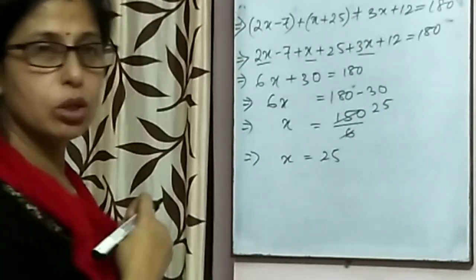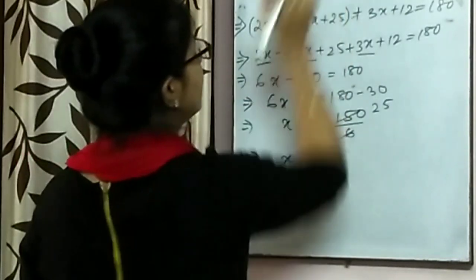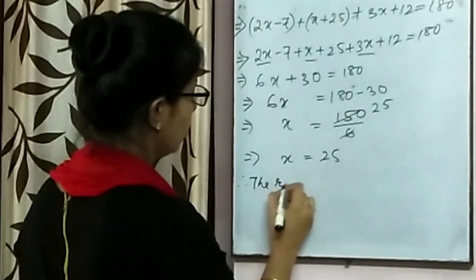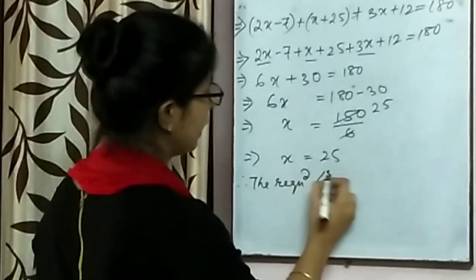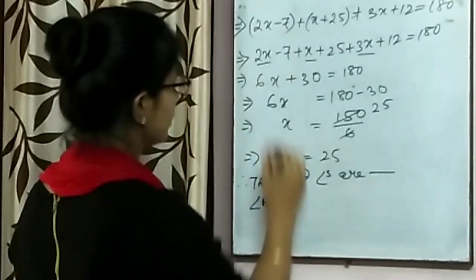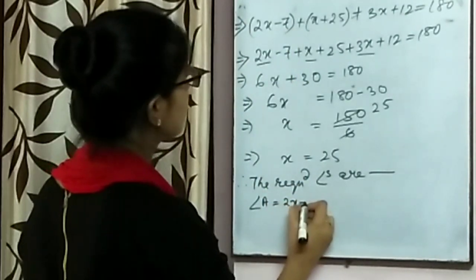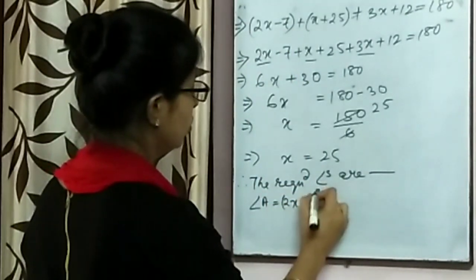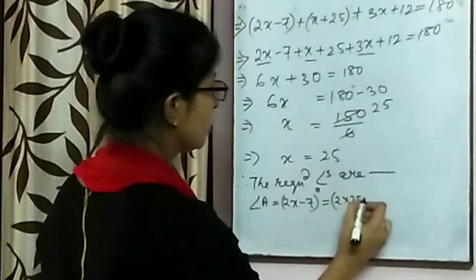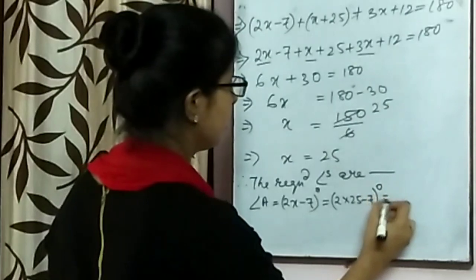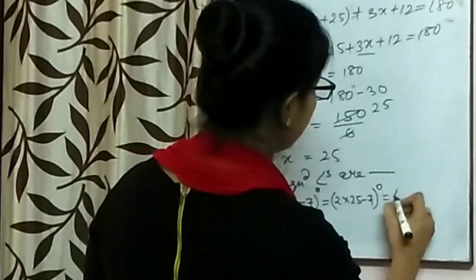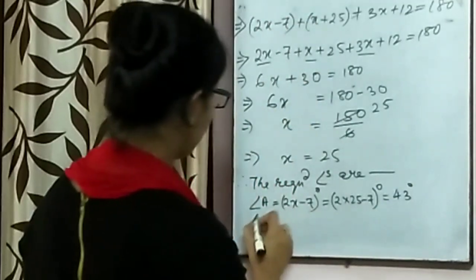Now our sum is not over. We have to take out the angles separately. Therefore, the required angles are angle A, 2x minus 7 whole degree, 2 into 25 minus 7 degree, here it comes 50 minus 7, 43 degree.